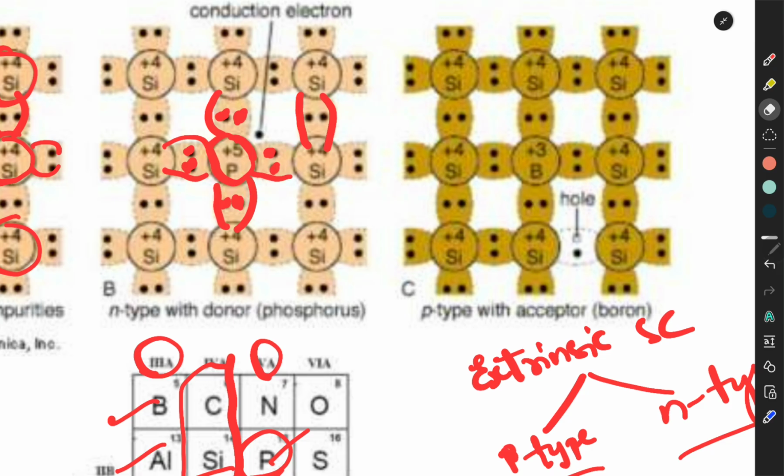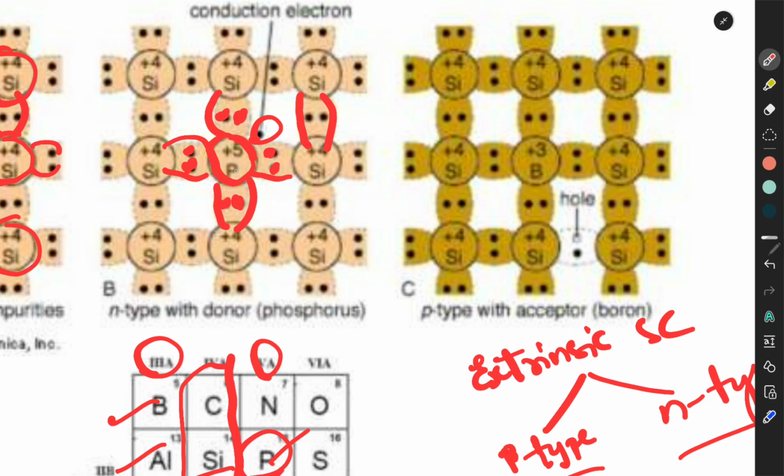When we add many phosphorus impurities to the silicon, the structure is left with many free electrons like this. External impurities are added to change the conductivity of the semiconductor, right?